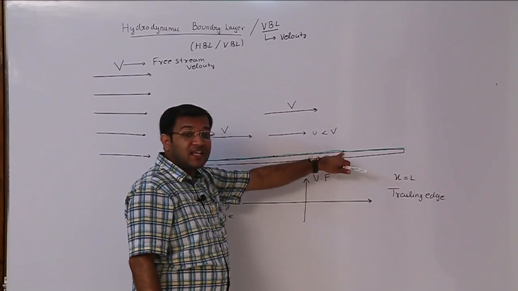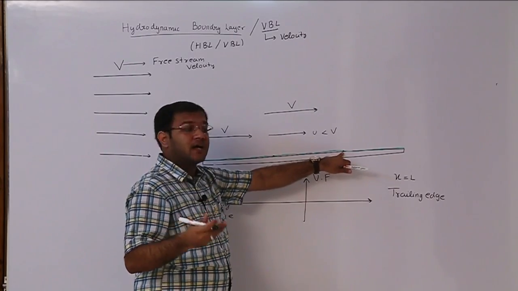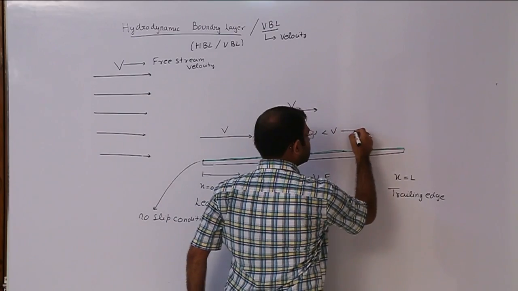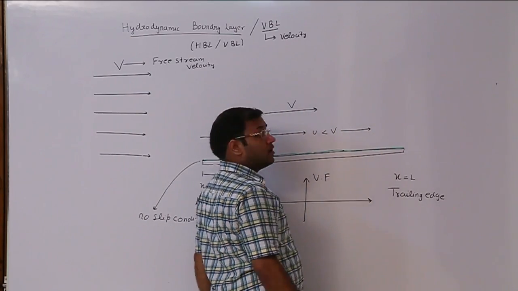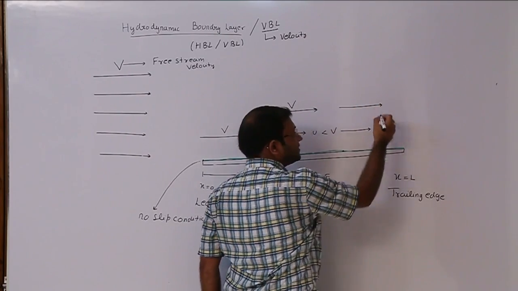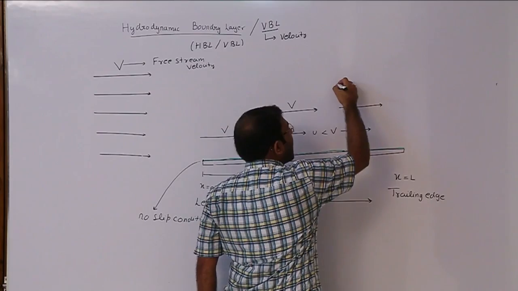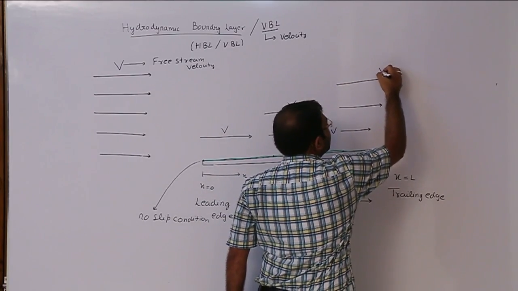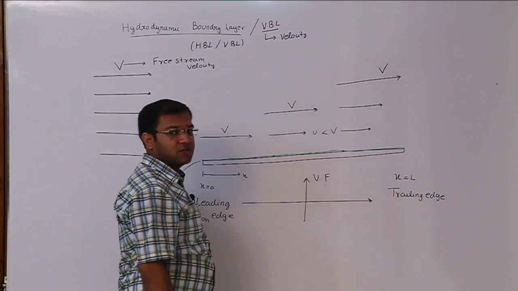This motionless layer will retard the layer above it, so it has a velocity something less than free stream velocity, and in the layer above it the velocity will increase, and finally we achieve our free stream velocity.